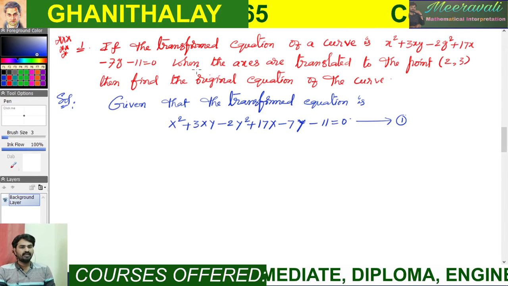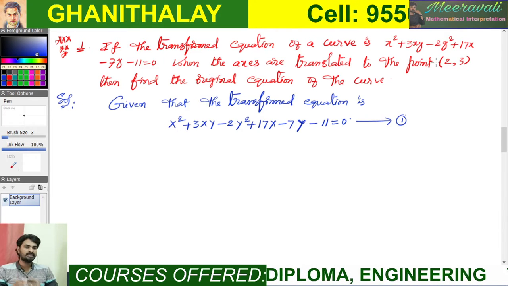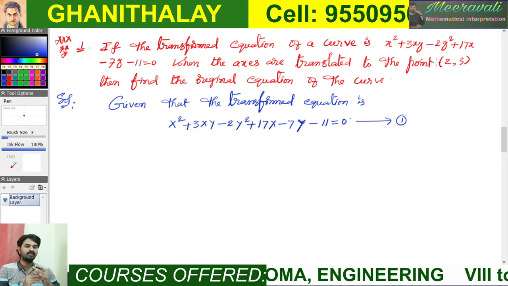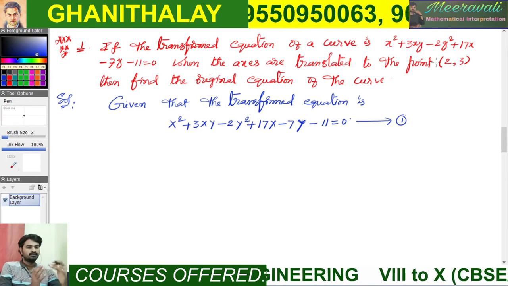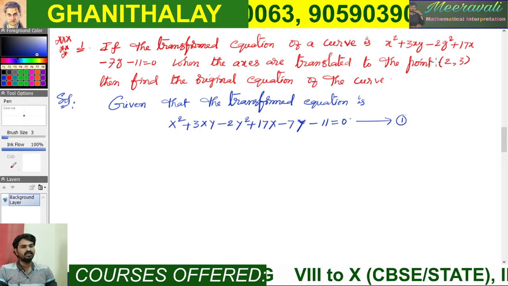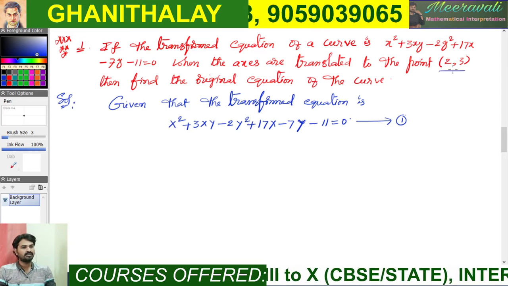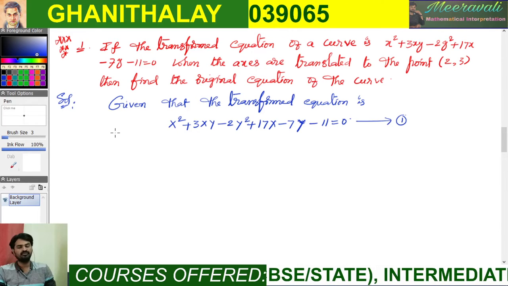Next, when the axes are translated to the point 2 comma 3, that means the x axis and y axis are moving somewhere. Now the origin is shifted to another point, that is, 2 comma 3 is the origin shifted point.